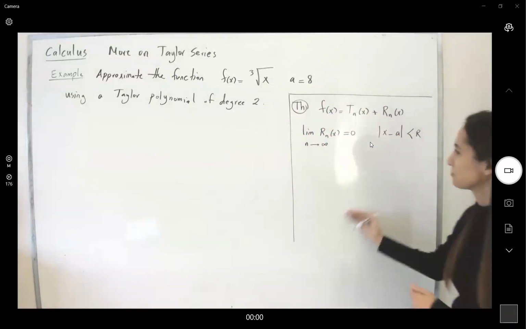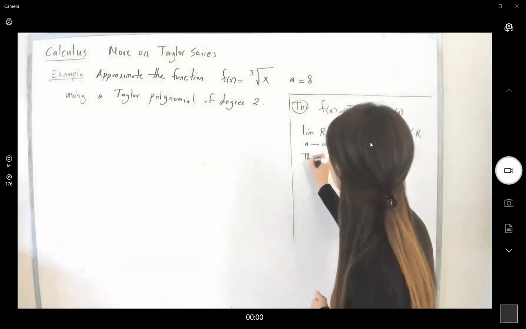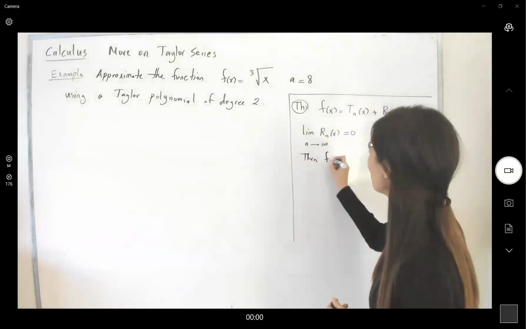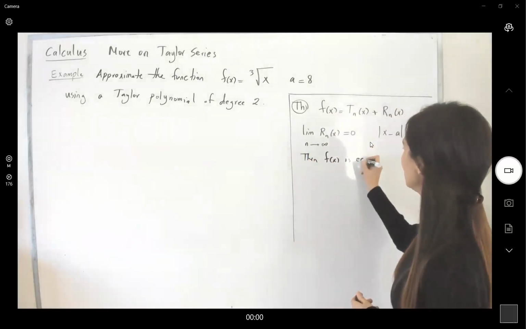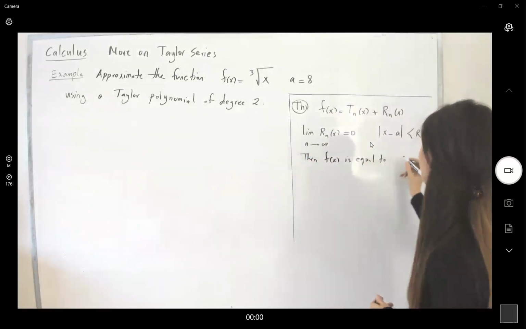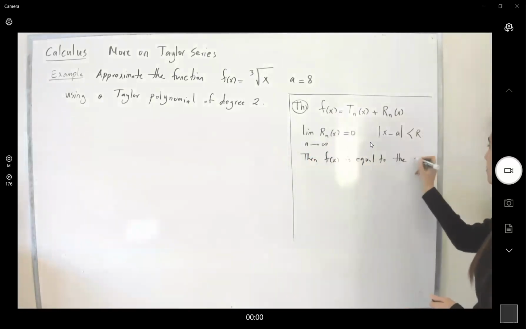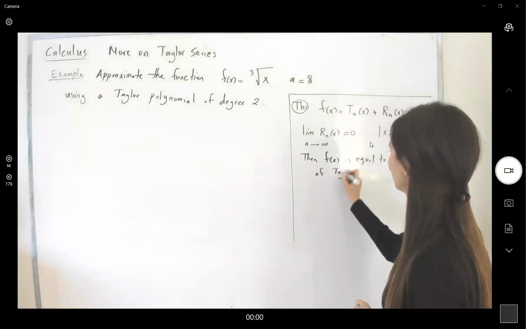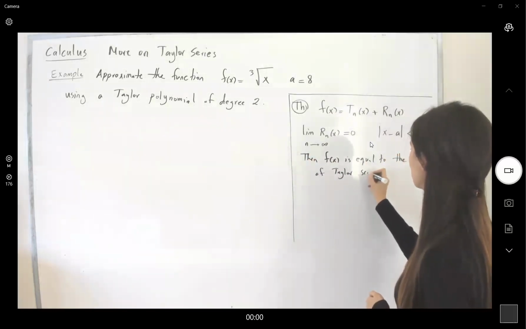After finding that, if this condition is met, we can say that the function f of x is equal to the sum of the Taylor series.